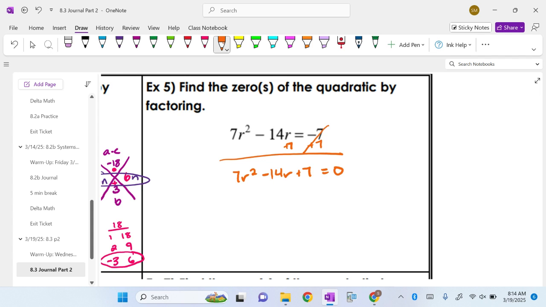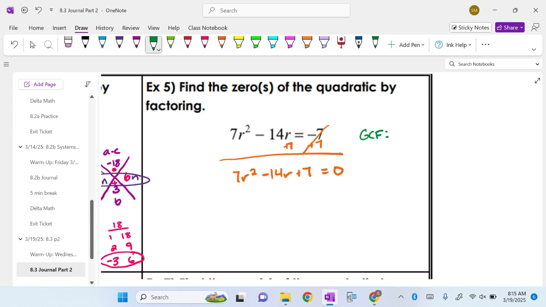Look back at that flow chart on the previous page if you need to. A GCF. So we're looking for a GCF first.